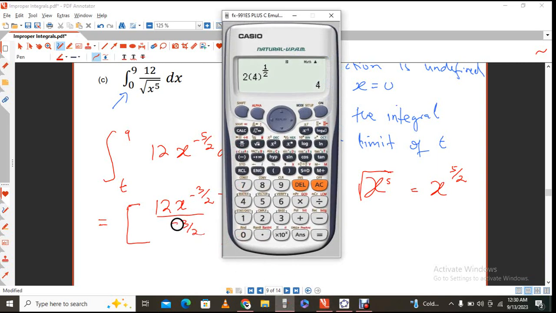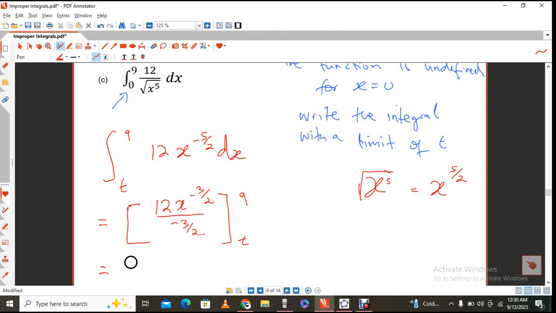If this stuff confuses you, that is like 24 divided by negative 3, negative 8. Just use a calculator. You say 12 divided by negative 1.5 or negative 3 over 2. Of course, you're going to get negative 8 as an answer. Okay, so do not make a mistake. So that's negative 8, then it's going to be x raised to the power of negative 3 halves.